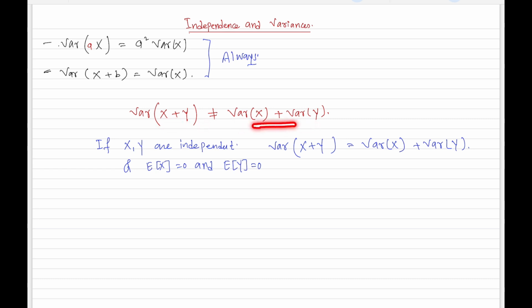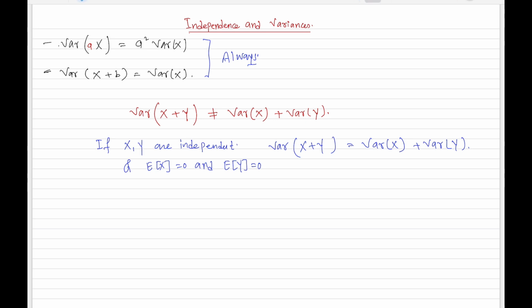But we can have this relation in the special case where these two random variables are independent and their mean is 0. Then this relation will be true. We can verify this relation.